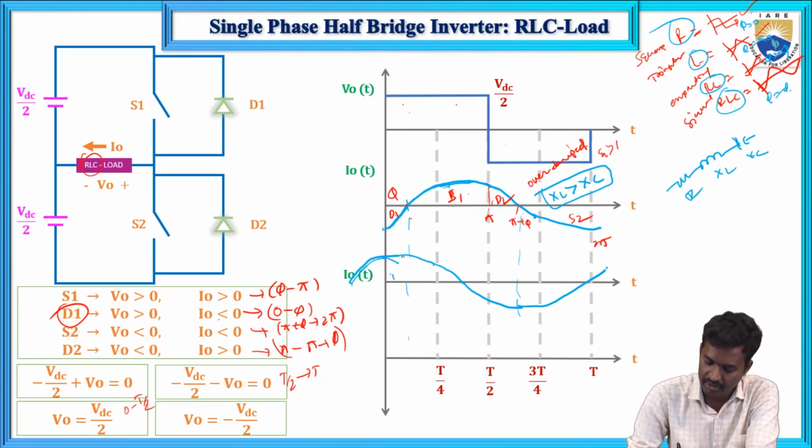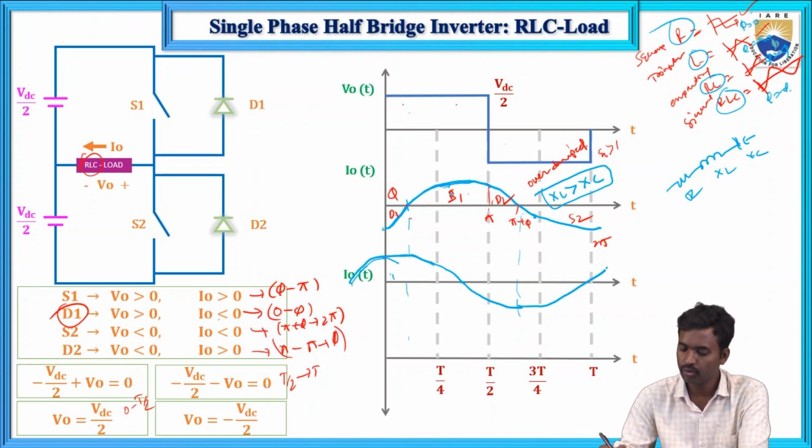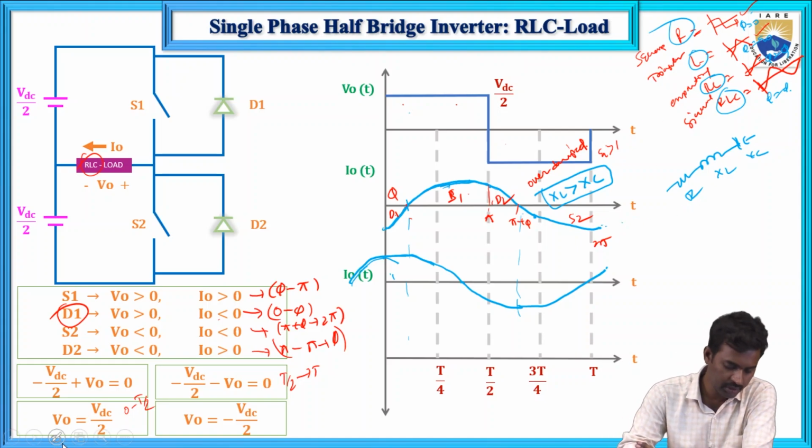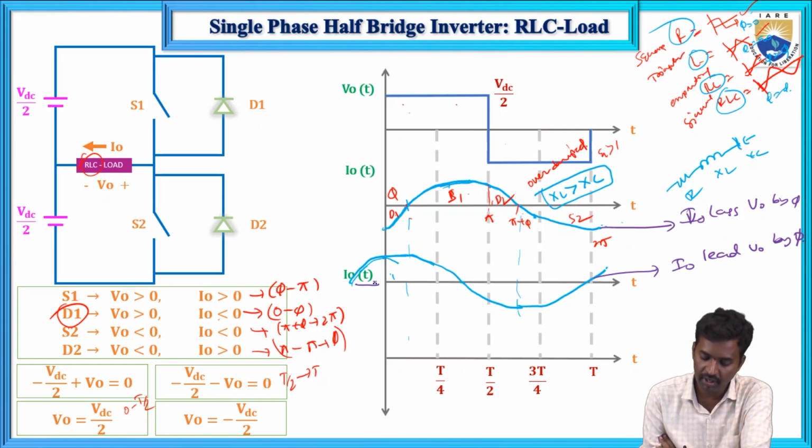This is the case. So now here current lags voltage. In the previous case, I0 lags V0 by phi angle, but here I0 leads V0 by phi angle. This is the phi angle.